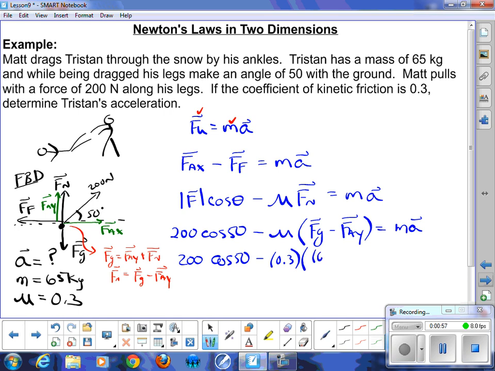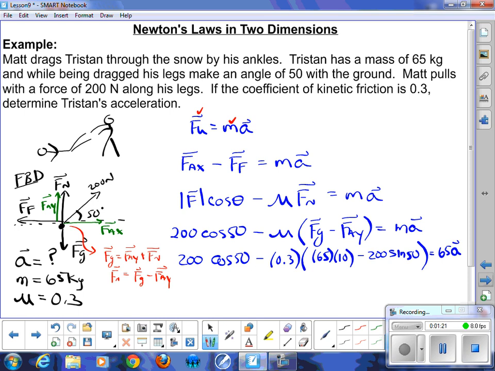So that's 65 times 10 minus your Fay. So that is 200 cos 50. Oh, sine, sorry, because it's a vertical component. Sine 50 bracket equals 65 times your acceleration.